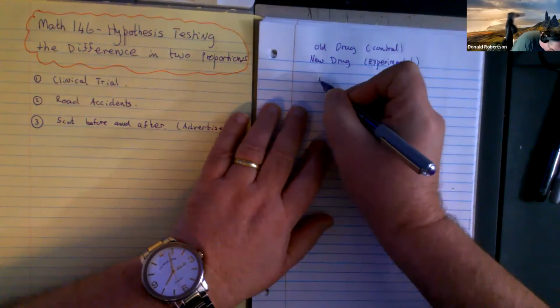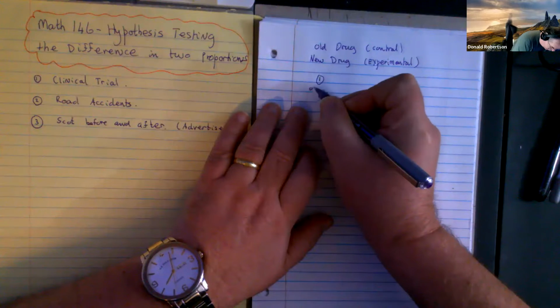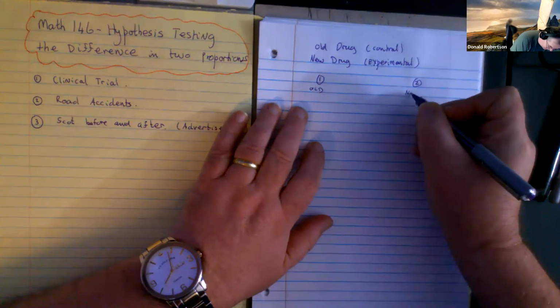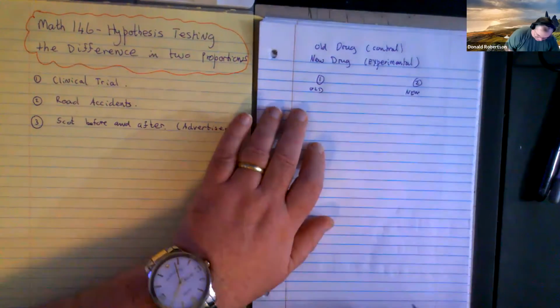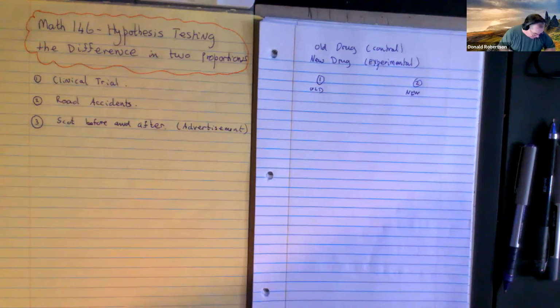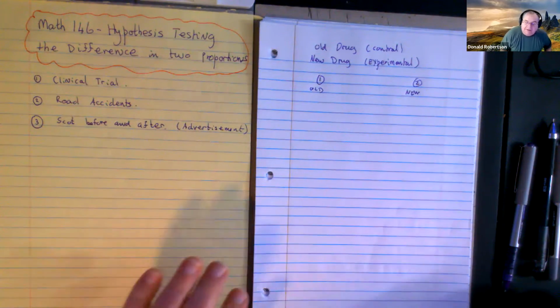So population 1 is going to be the old drug, and population 2 is going to be the new drug. And we are going to, in this story, do a double-blind test.